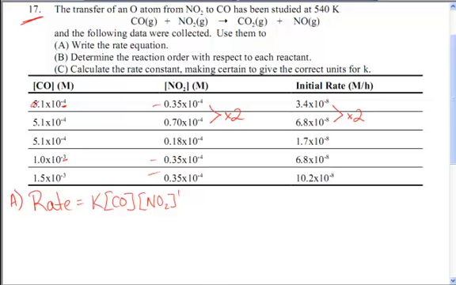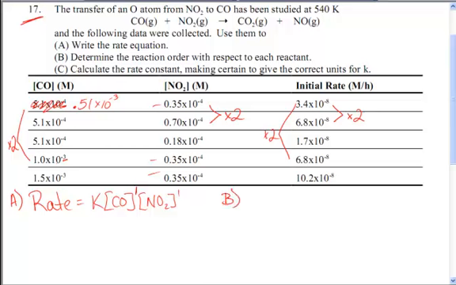So 5.1 times 10 to the negative 4 is the same thing as 0.51 times 10 to the negative 3. Well, if I look at this, 0.5 and 1, if I compare those 2 experiments, that's just a doubling. Simple. Okay? So now I compare the rates. Oh, look at that. Also a doubling. So CO is also first order here.